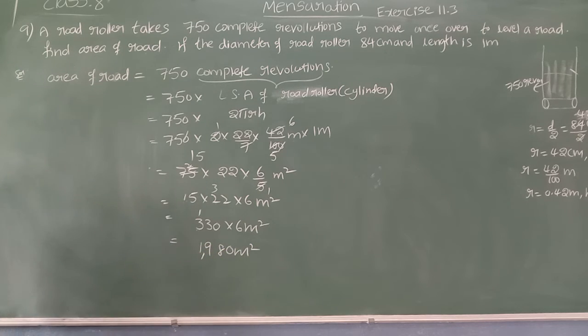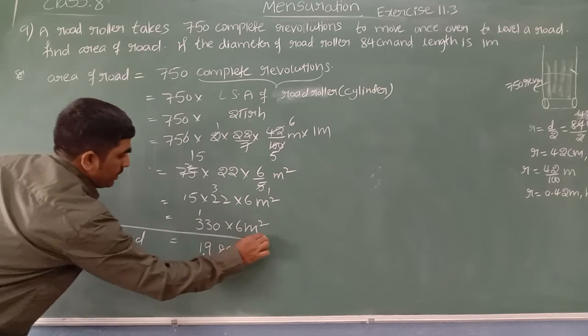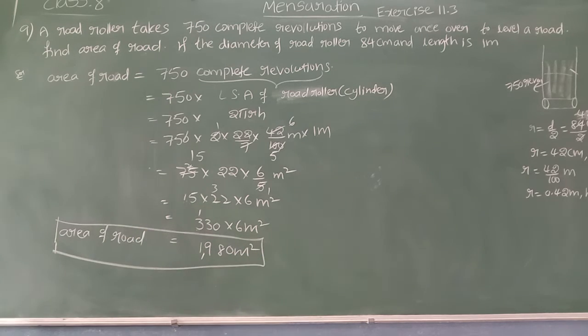So 1980 square meters. This is the area of the road which is leveled by the road roller in 750 revolutions.